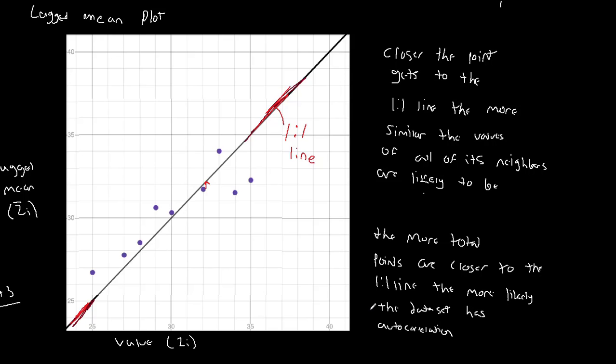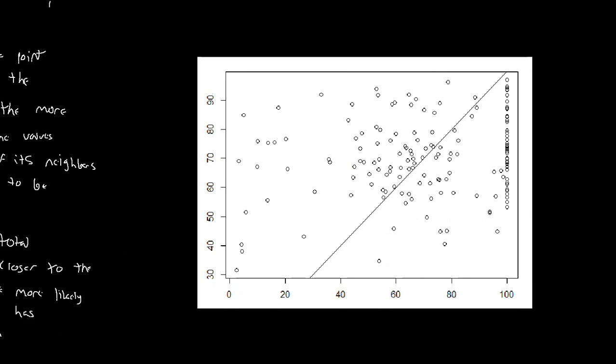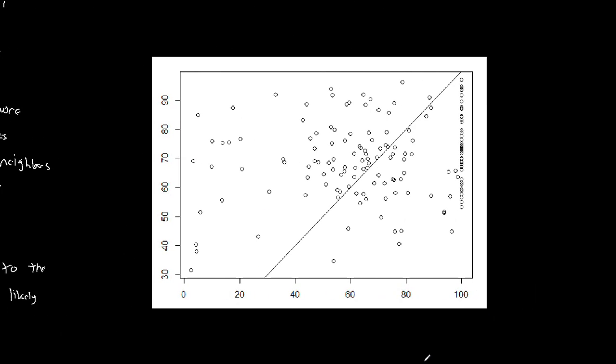Now, this was a fictitious example made up of 9 randomly generated numbers. So let's look at an actual example that we would get from running code in R. This is actually the plot that we generate in the R coding tutorial for lagged means. We still have this one-to-one line right here.